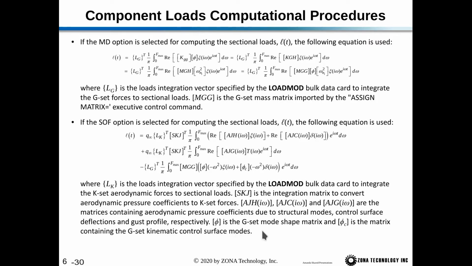And of course, phi is the G-set mode matrix, and phi C is the matrix containing the G-set kinematic control surface modes. And then we do still have the inertia loads computed lastly here. So that goes through the Lg, so we integrate along the structure grids.